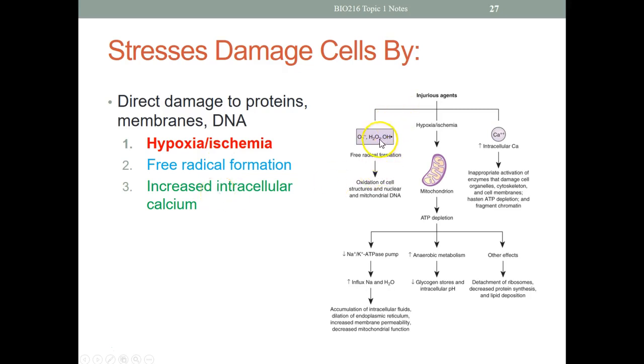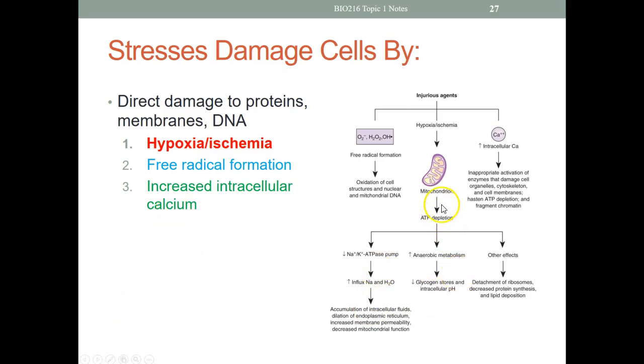Just take a few minutes to look at this figure and see how these stresses ultimately damage cells. You can see the result ultimately leads to an increased influx of sodium and water and cellular swelling.